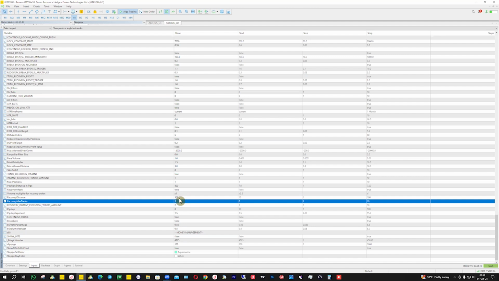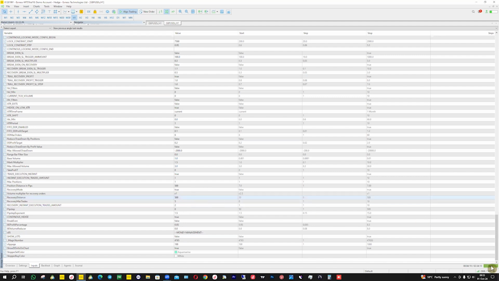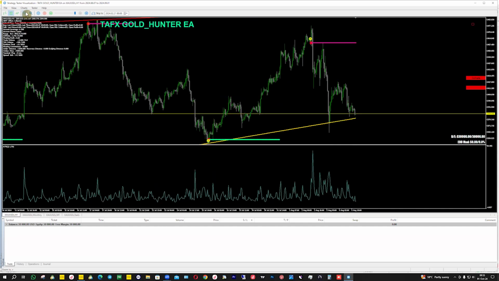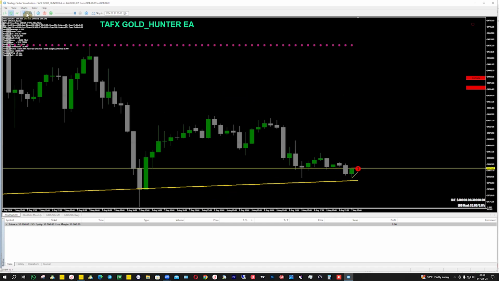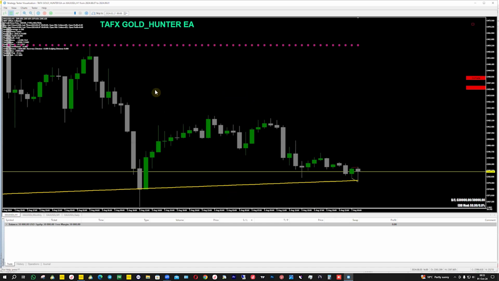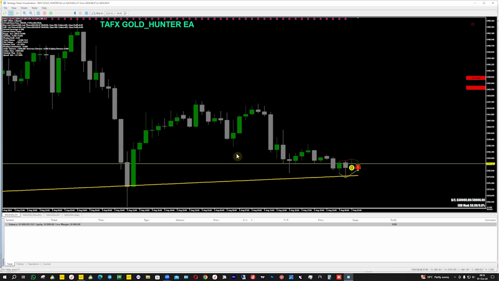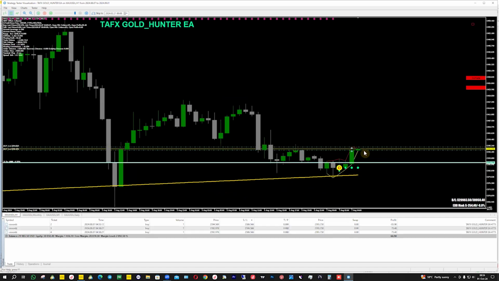So this is just a demonstration, all right? Don't forget, this is not exactly the point that we'll be using. This is for learning purposes. So for now, we are going to see the EA adding position when the market is going against us after picking the trades, and it will be placing 2 positions, all right?